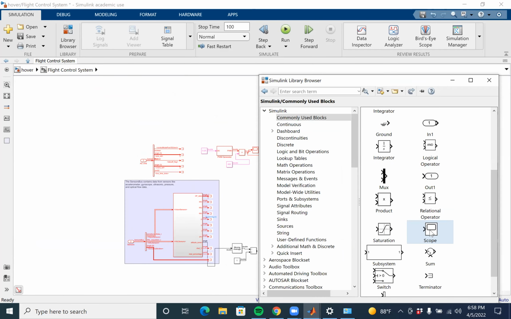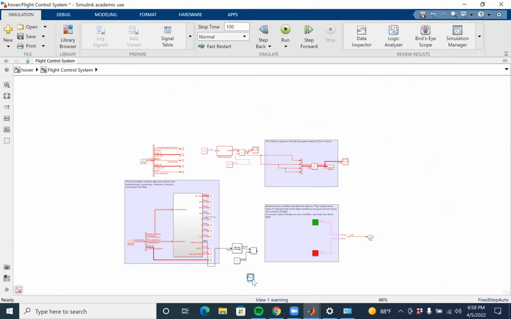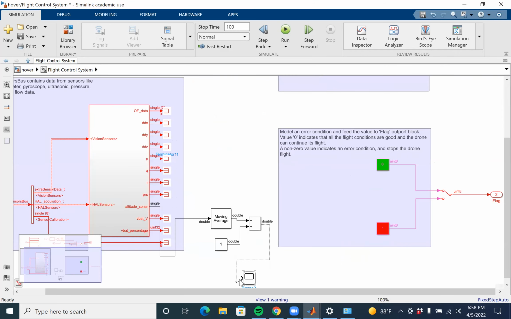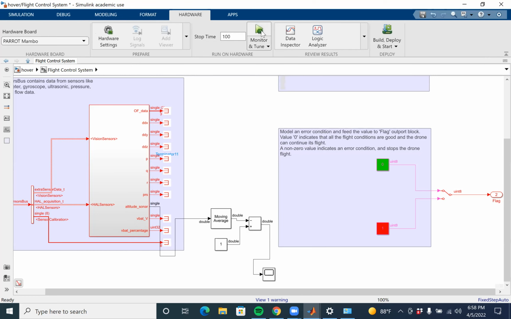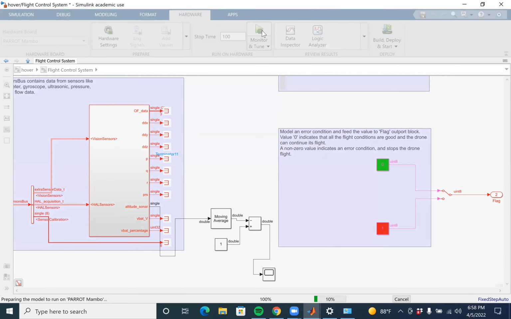But we can just plot it. And I'm going to go to hardware, monitor and tune.